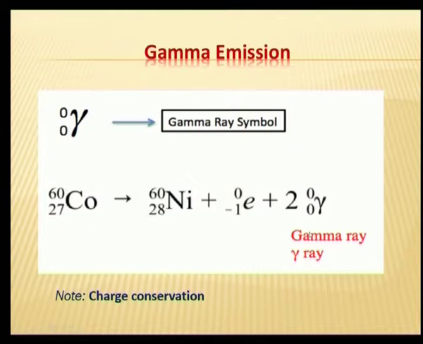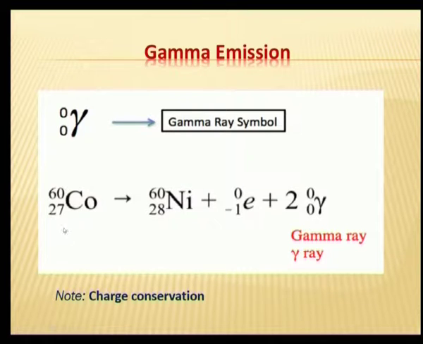The process is the following: the cobalt nucleus is transformed into the nickel nucleus with the emission of an electron and 2 photons. That is an example of gamma emission. The point to be remembered is 60 and 60, so the mass number is conserved.